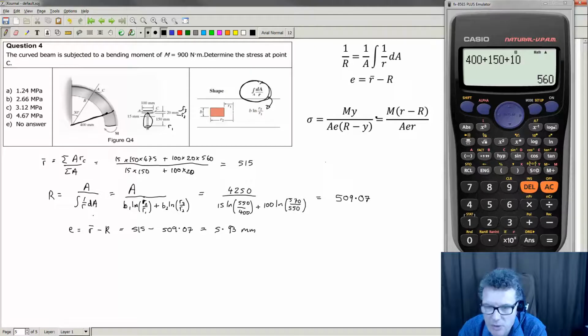So I think we've got all the terms that we will want to apply one of these equations to find the stress. We're going to use this one. So our bending stress is 900.